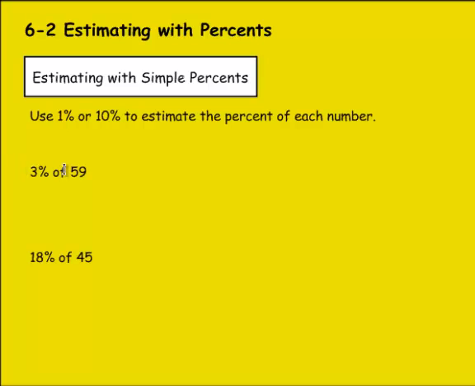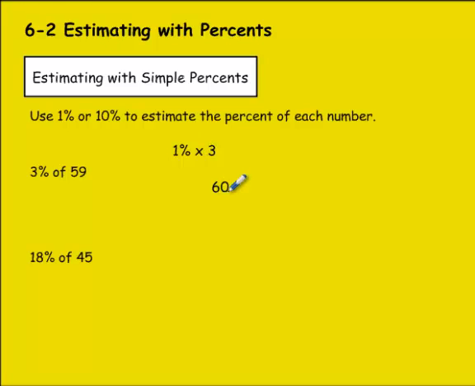So for example, if we have 3% of 59, we can do some estimating here. I'm going to make 59 60, and we need to find 3% of 59. Well, I'm going to use 1%. I know that 3% is 1% times 3. So I can find 1% of 60 and then multiply that times 3.